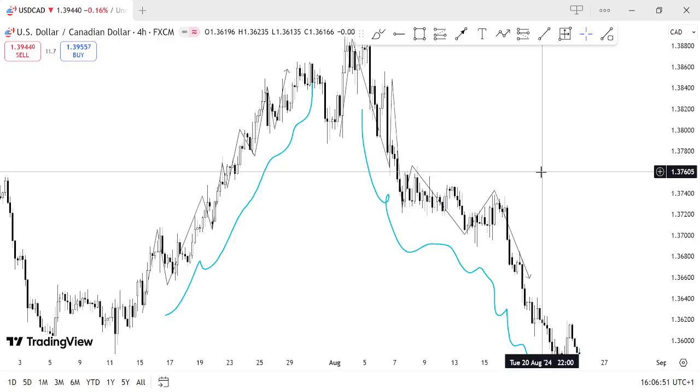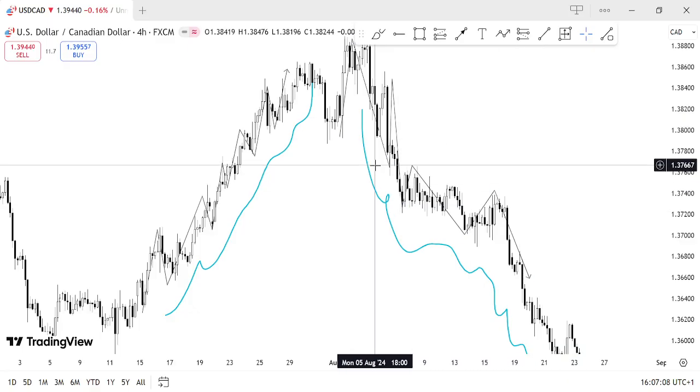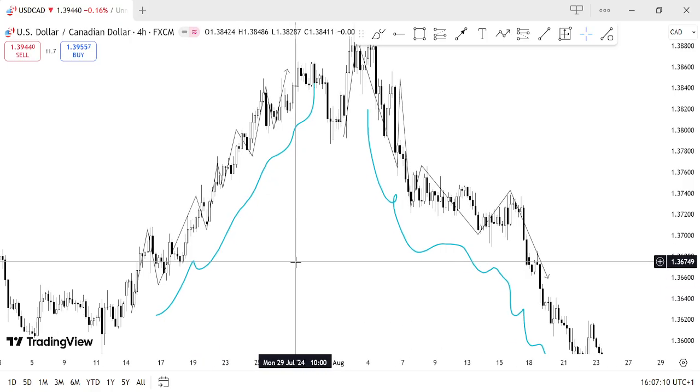So now we are going to understand how to mark the structure and when to spot a break of structure compared to what has been happening. So in that way, we can understand how or when the trend is trying to reverse. Okay, let's mark that out and see.